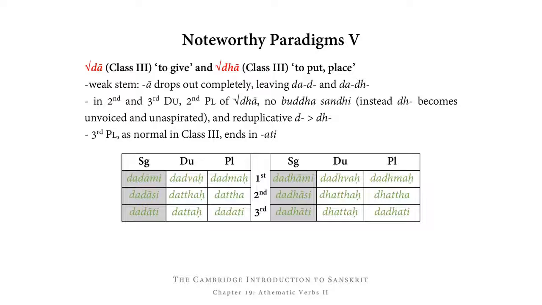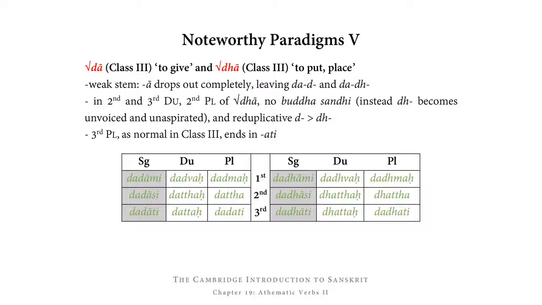So what happened here is that in front of endings that begin with voiceless t, the voiced d at the end of the stem simply also loses its voice. So instead of dadtaḥ, we have dattaḥ. The same thing happens in the second plural. So in front of the ending tha, which begins with unvoiced t, we have the d again changing into a t, so we have datta.